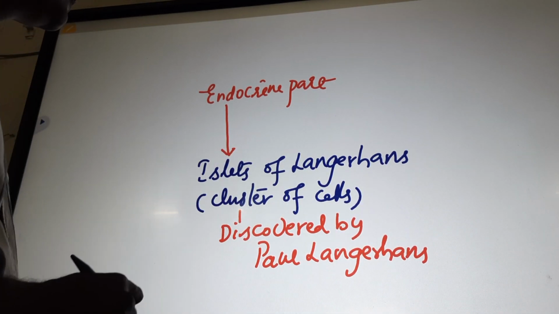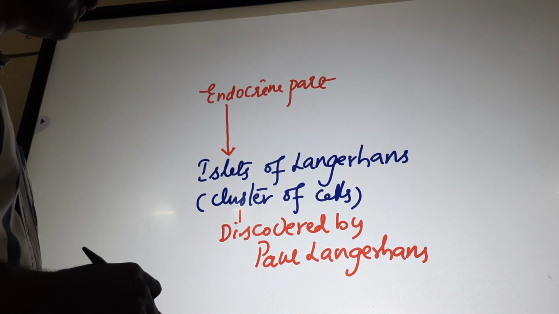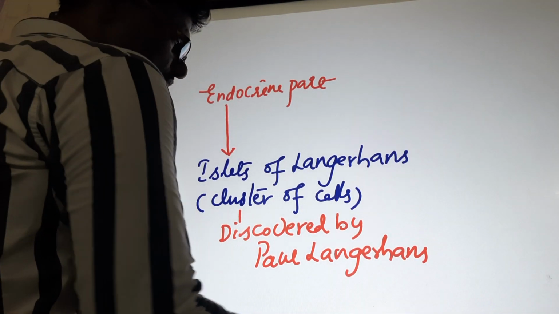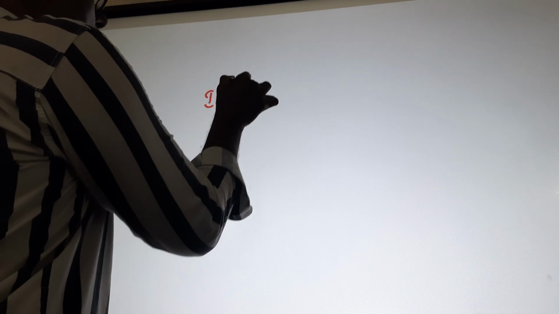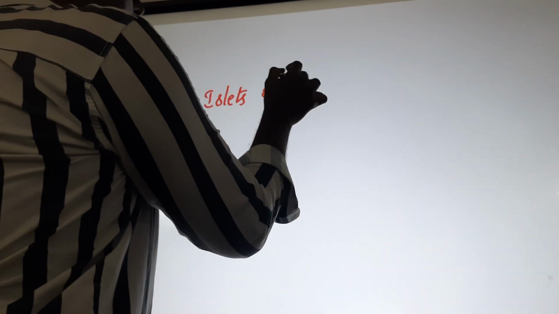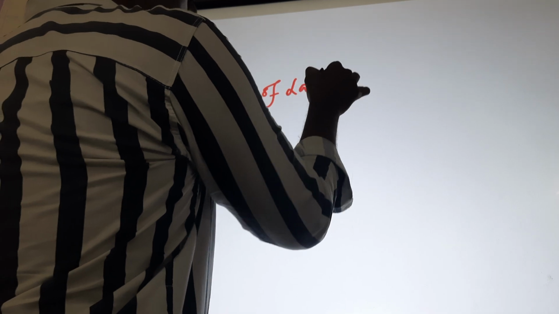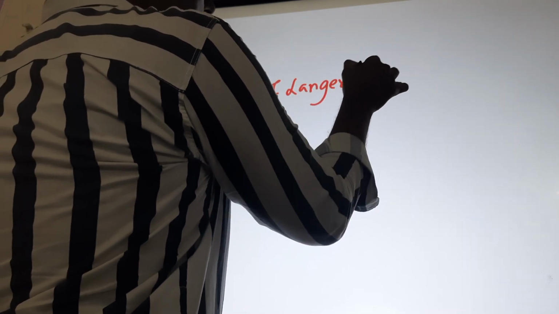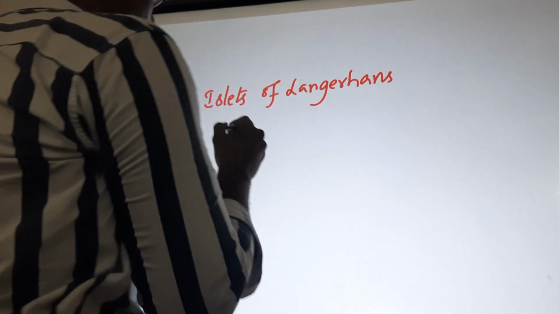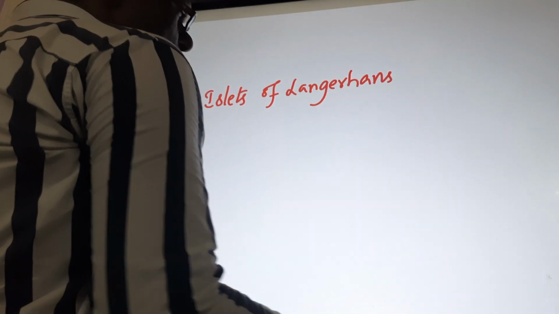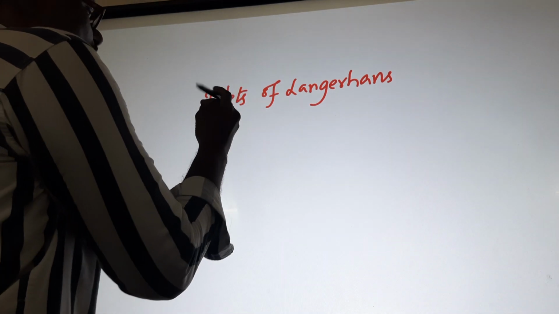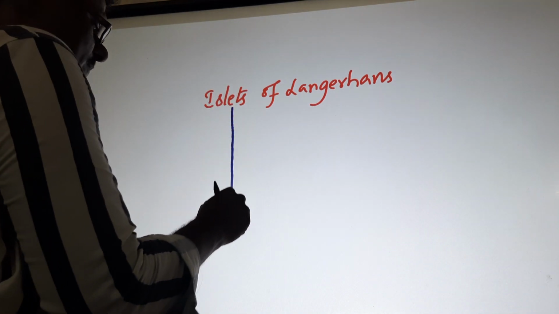Four kinds of cells are present in the islets of Langerhans. See here, islets of Langerhans consists of four kinds of cells. How many kinds? Four kinds of cells.